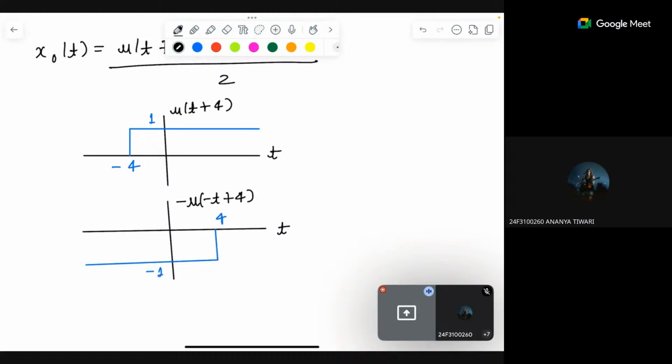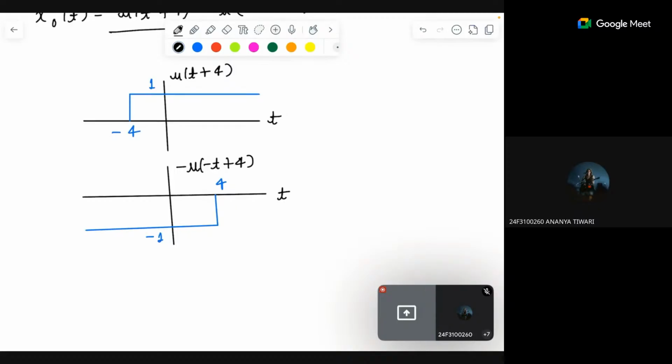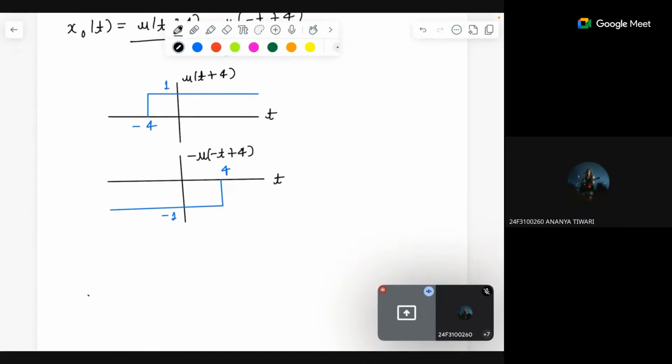This is how it will look. Now, since I have already taken the amplitude reversal, we just have to add these two signals and divide by 2. You guys got the answer and that's really good. So now let us do it together. I want to add these signals.